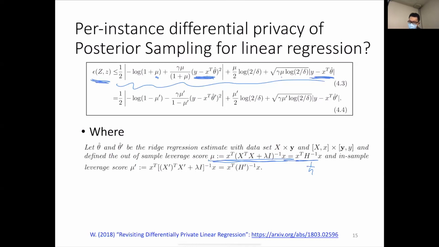And in order to use this to design a data-dependent DP algorithm that satisfies the worst-case DP, the first thing that we need to do is to maximize over this individual z, this particular individual, while retaining the dependence on the data set itself, right?